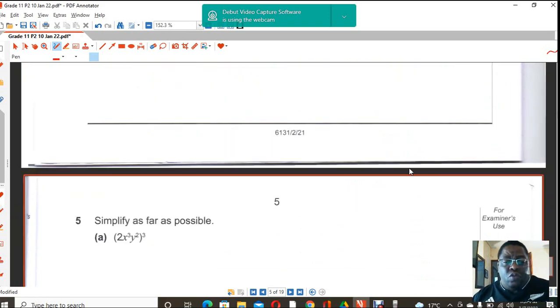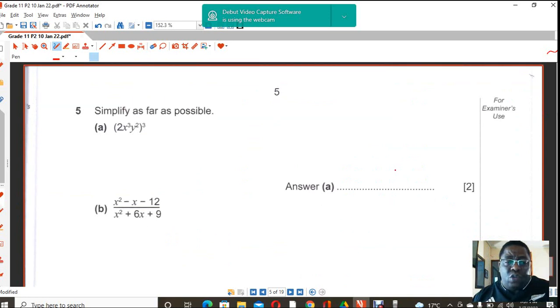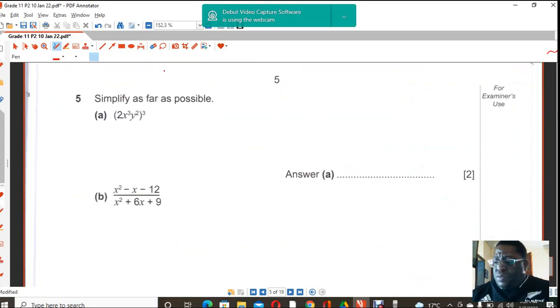All right, so we're going to go and do a little bit of algebra. So we start with a little bit of indices. Here you have got 2. Remember that is raised to the power of 1. Should multiply with this one on the outside. Very important that you recognize that. So you have got x, where you have a 3 times that 3, and you have y squared times that 3.